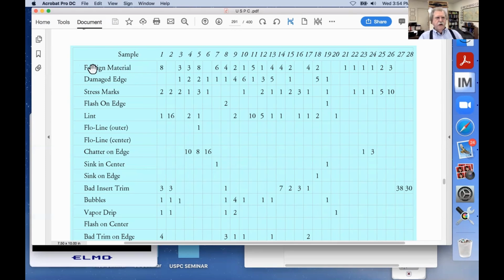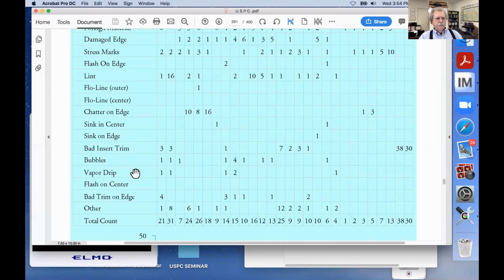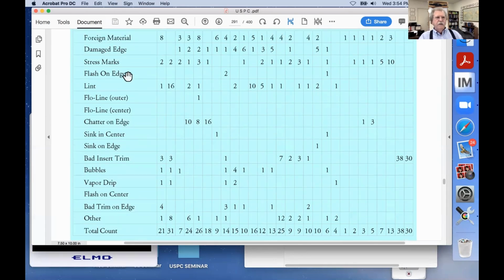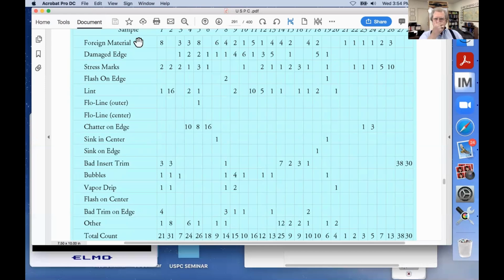See, foreign material up here used to include lint and vapor drip. Vapor drip is completely different than lint, is completely different than foreign material in the resin. 3 different problems.